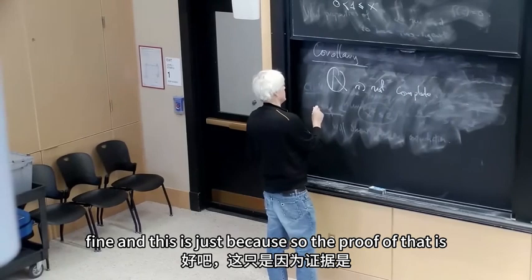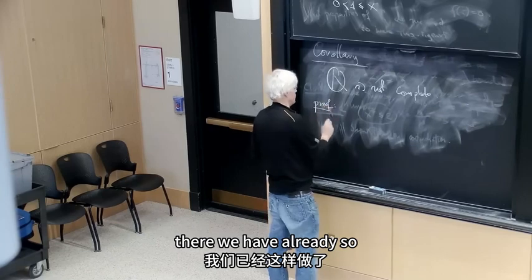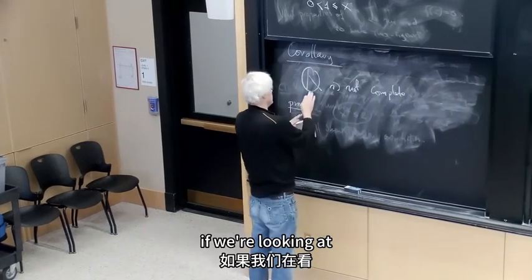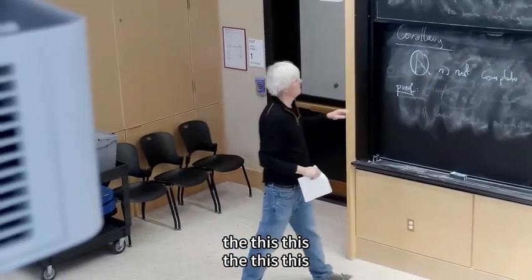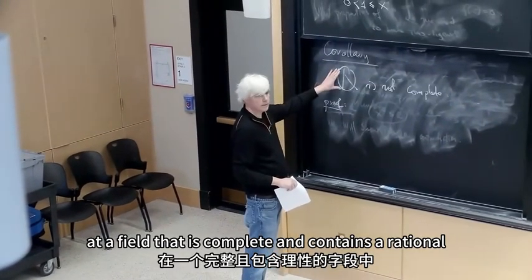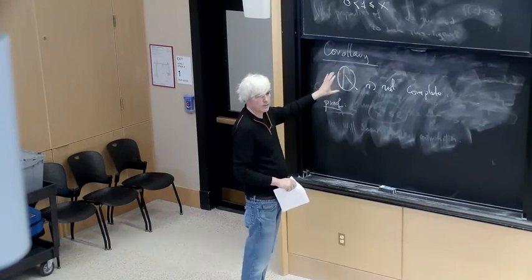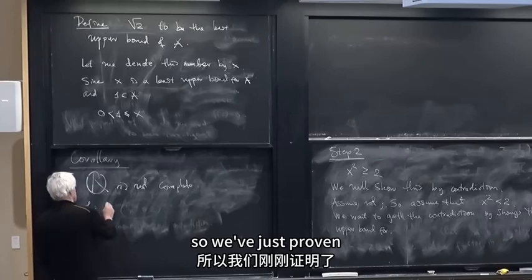And the proof of that is that if we're looking at a field that is complete and contains the rationals, then we know that square root of 2 is in that field.